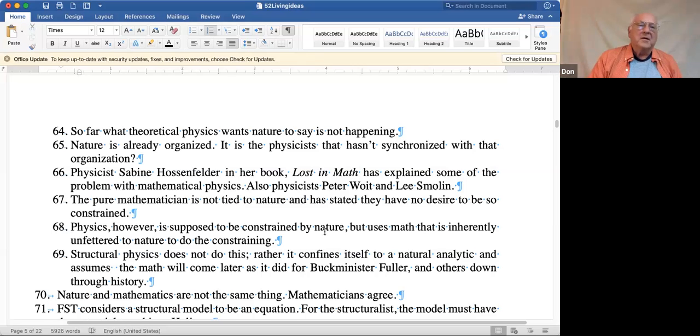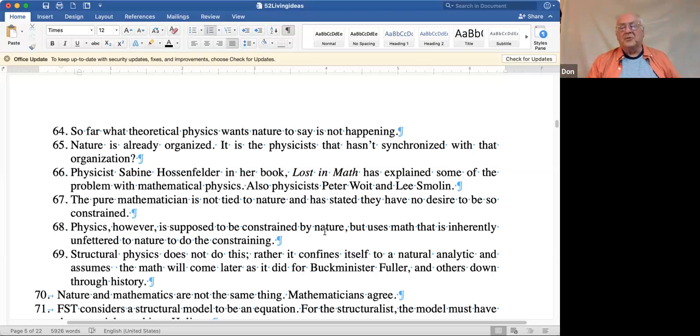Oh, okay. So far, what theoretical physics wants nature to say is not happening. Nature is already organized. It is the physicists who haven't synchronized with nature's organization. Physicist Sabine Hossenfelder, in her book Lost in Math, a German physicist, has explained some of the problems with mathematical physics.